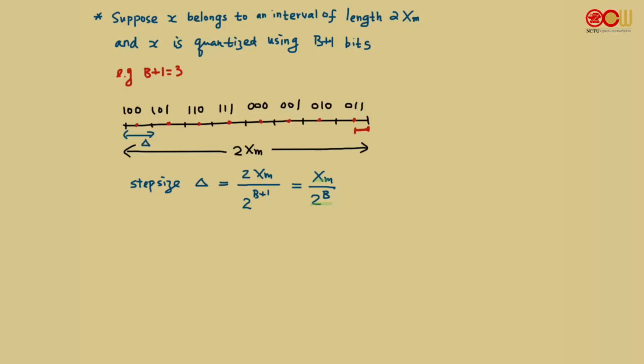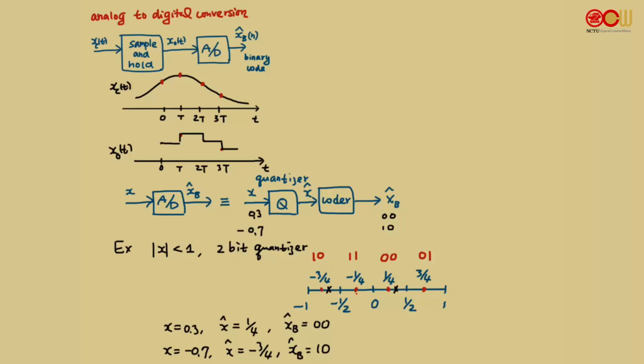Now let's see how we can analyze the difference between x and x hat. That is called quantization error. Quantization error is defined as the difference between x hat and x. In this example here, the quantization error would be the difference between x hat and x, which is 1/4 minus 0.3.